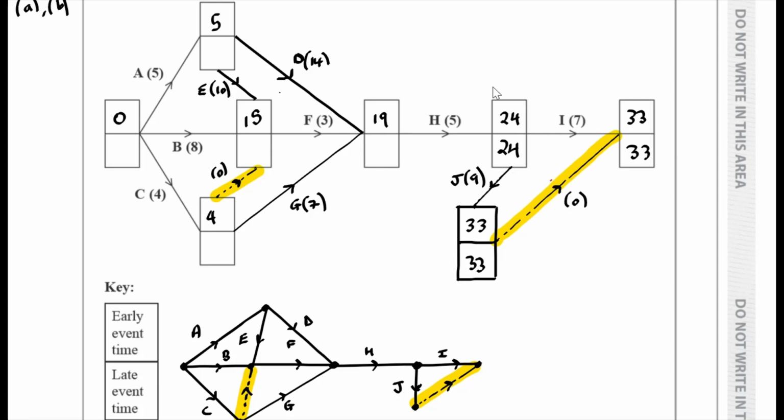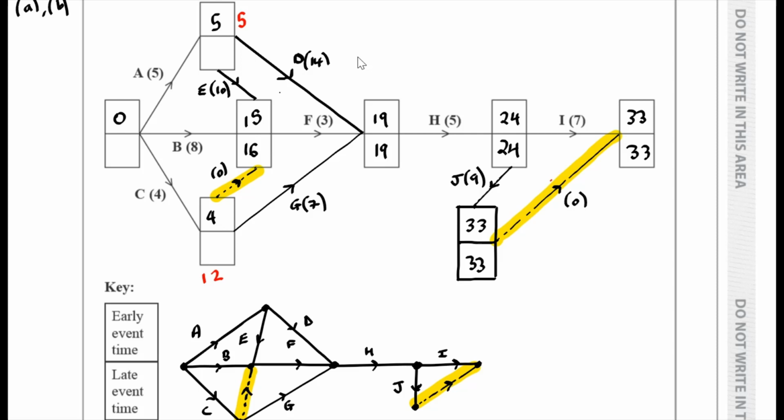And then working backwards again, 24 take away 5, that's just 19. Now what else do we have? Well, 19 take away 14, that's 5. And then we have 19 take away 7, that's 12. And if we work backwards over here, 19 take away 3, that would be 16. 16 is the only one that can go in here.